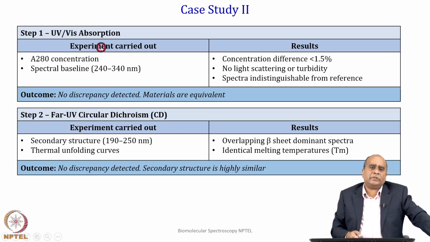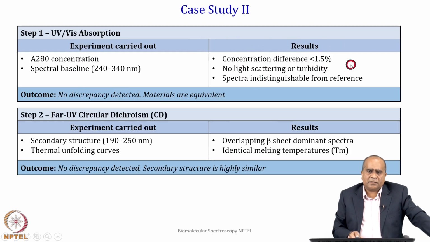So, we are starting with an extremely simple experiment of UV visible absorption. Remember, this is the easiest technique that one can do, and it is a cheaper one. What you are measuring is the absorption at 280 giving concentration, and then a spectral baseline we are doing from 240 to 340. So, the concentration difference between the biosimilar and your novel biologic is less than 1.5%.